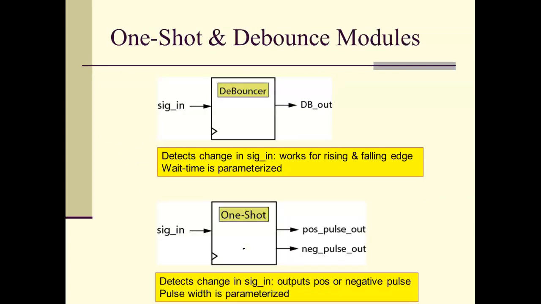So this is the debounce hardware diagram here. Once again, these are provided for you. Essentially, the signal comes in like this, and it comes out like this. For example, if that's a positive going pulse, there's a delay time right here where it can be bouncing, and those bounces are ignored for a certain amount of time.